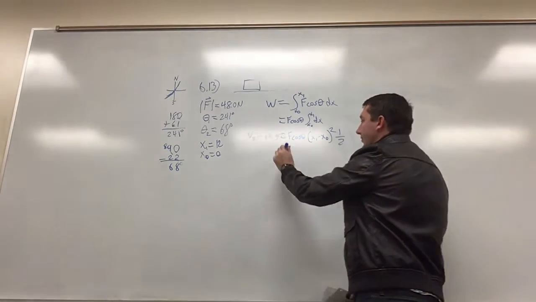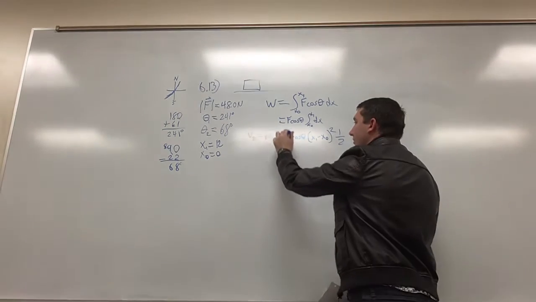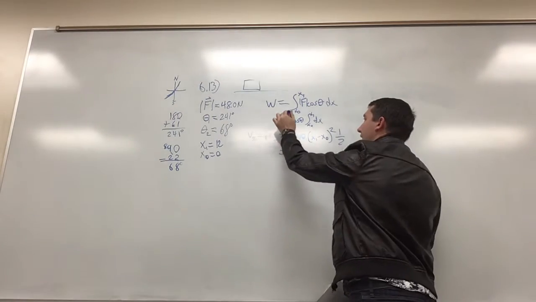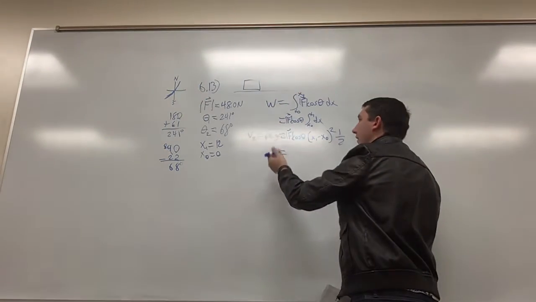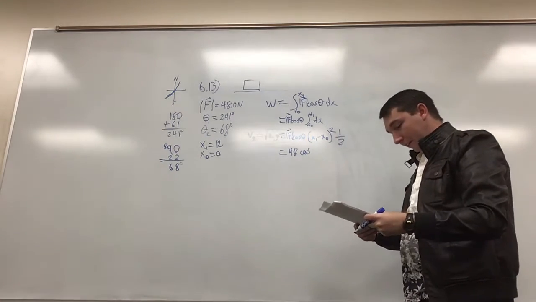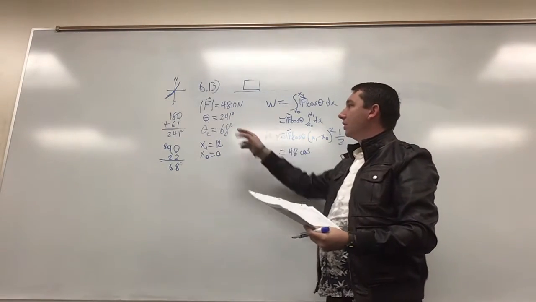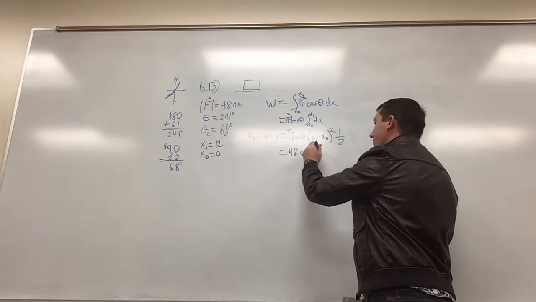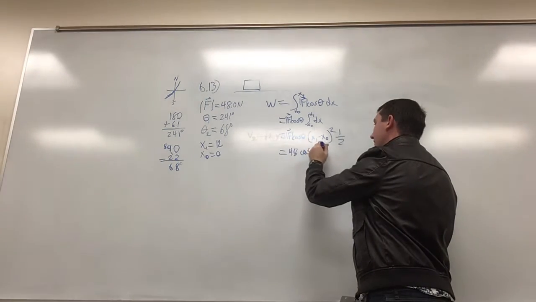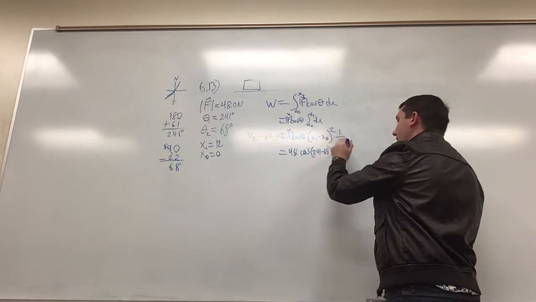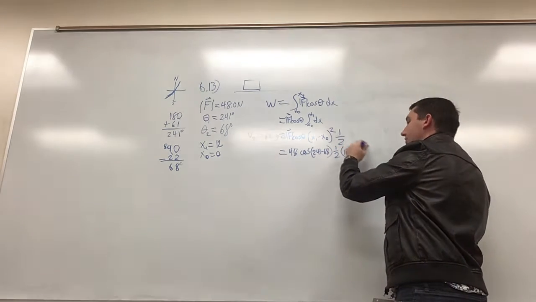So when we plug all of our variables in, this should be the magnitude of the force. We're going to have 48 times the cosine of the angle, and that's going to be the difference between these two angles, so 241 minus 68, times 1/2 times 12 minus 0 squared.